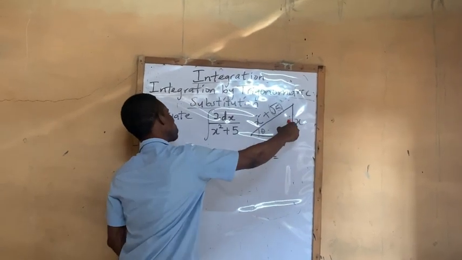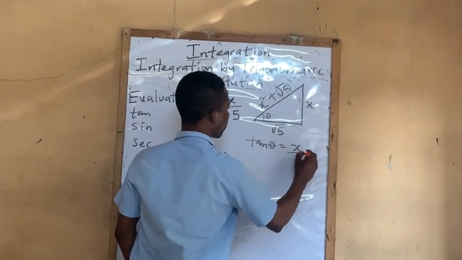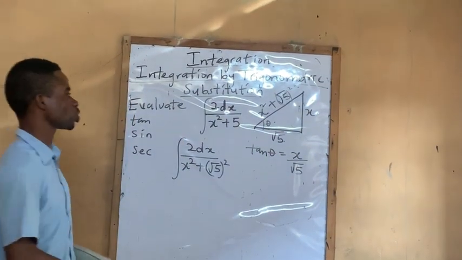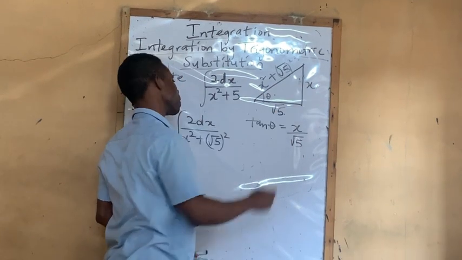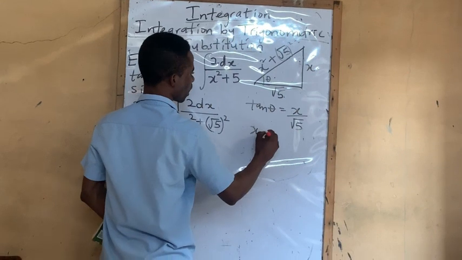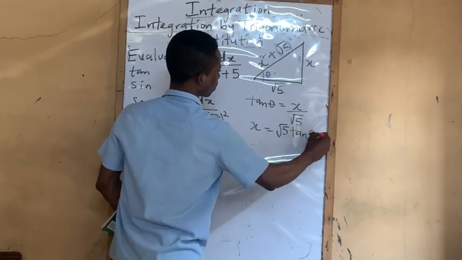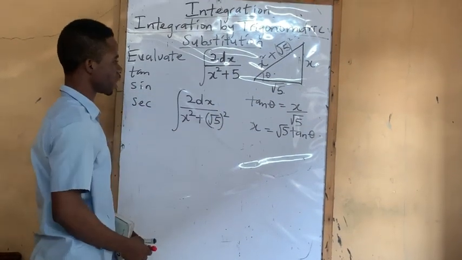Why do I know that this x will be here? Because it will always be x all over something, not something all over x. It must always stand like this. That is why I know my x will be the opposite. Now, if I cross multiply, my x will be root 5 tan theta. And I will have to get dx from here.